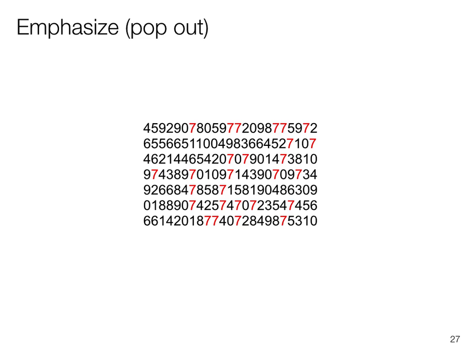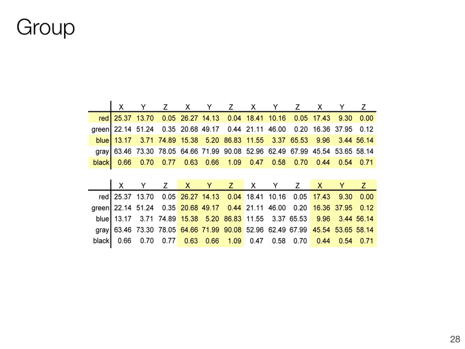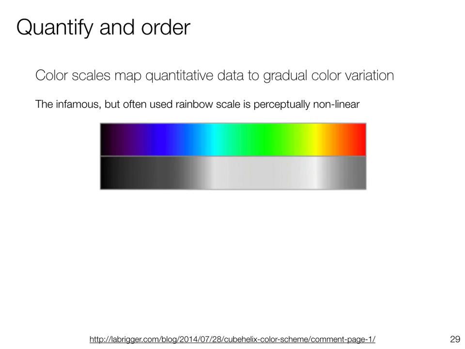We'll get to that in a second again, what kind of effect this actually is. We can also group rows or columns or different kind of sets of data items through these backgrounds highlighted in yellow here.